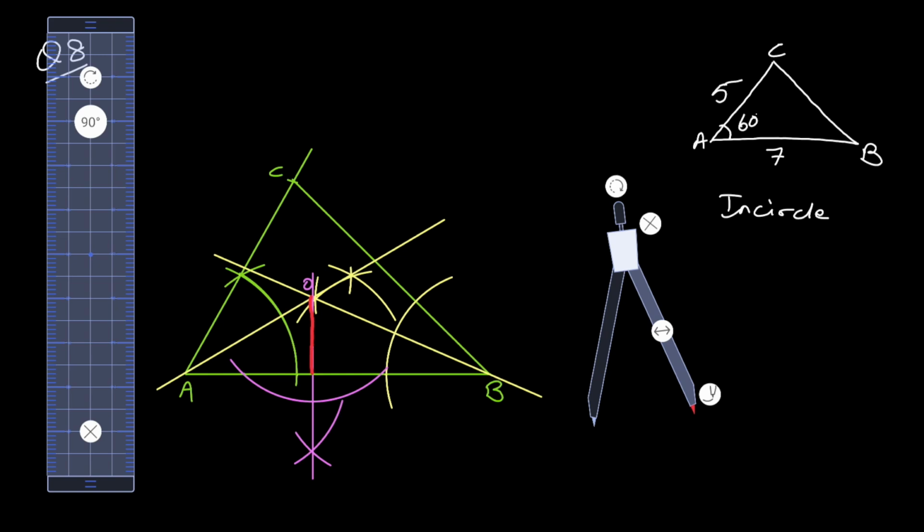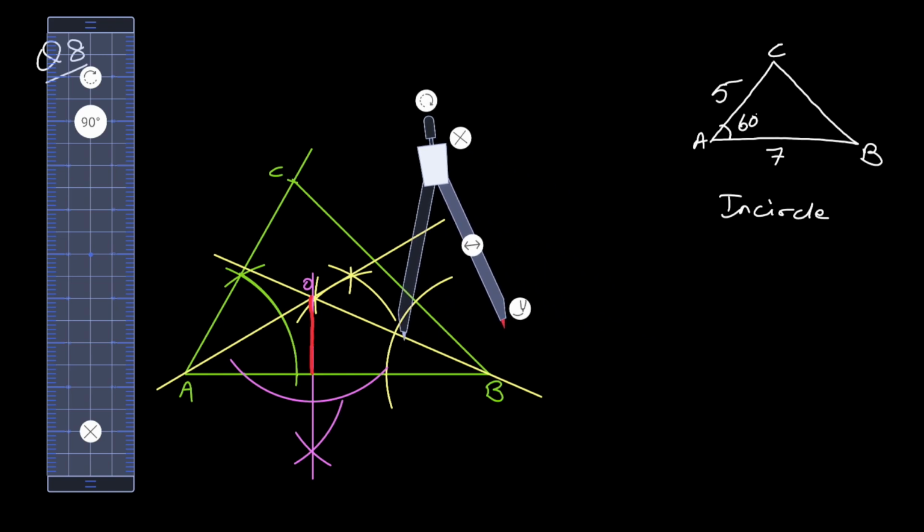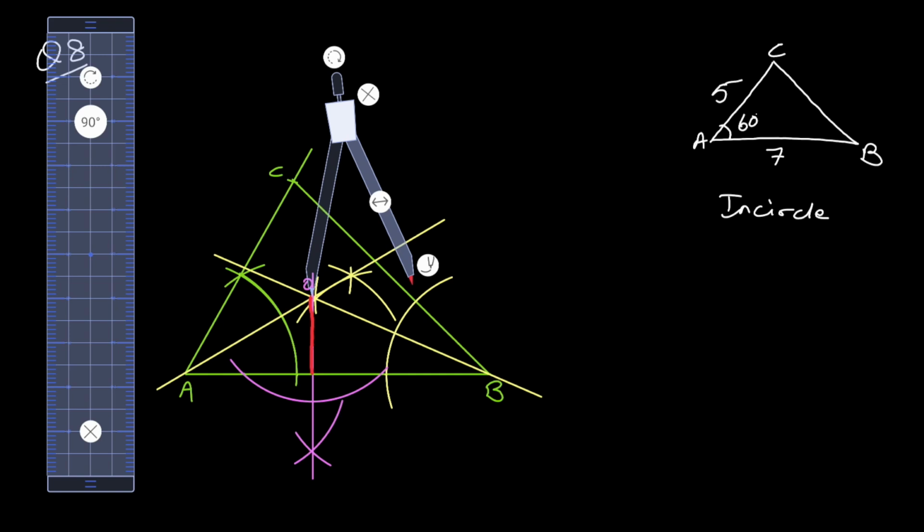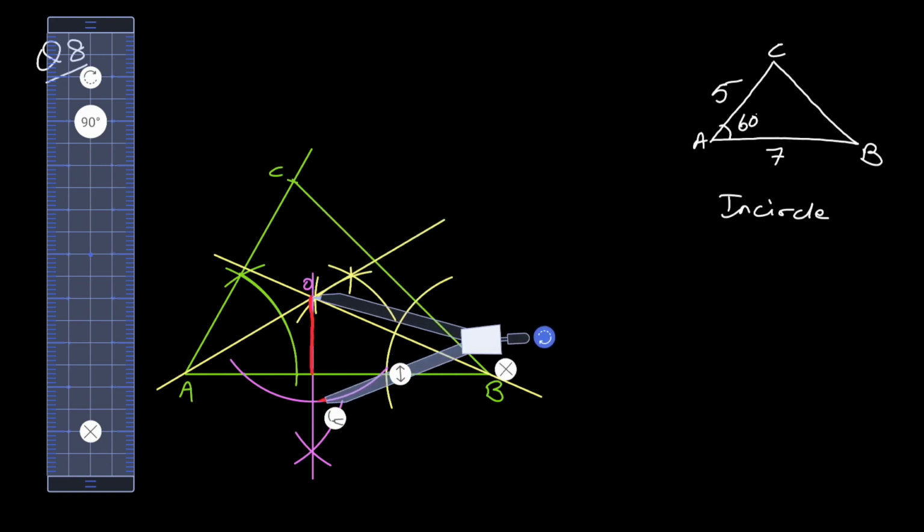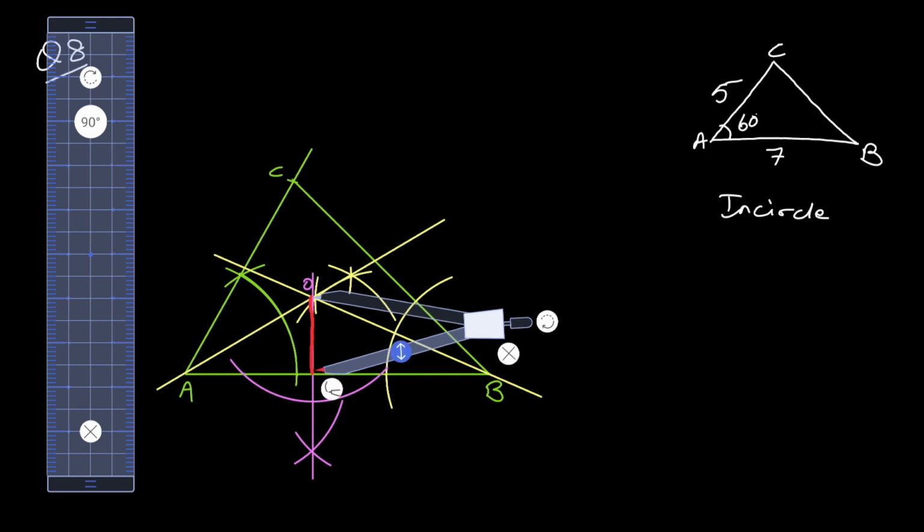So set your rounder at point O and set the radius equal to that part of the line.